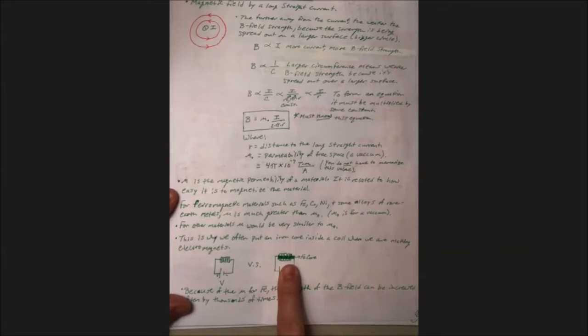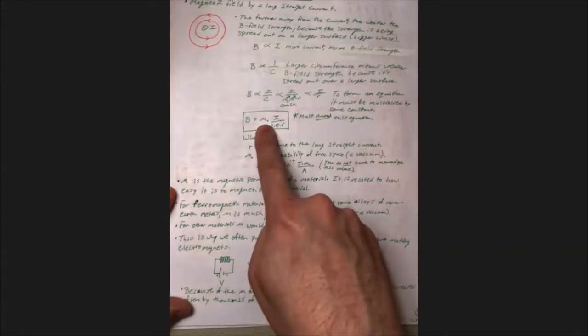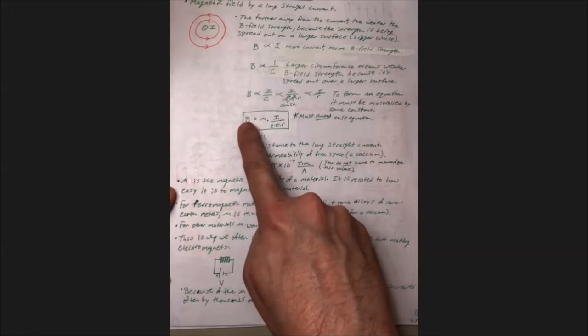This is why when we make electromagnets, maybe you made one in middle school, you always wrap a coil of wires around an iron core. Usually they have you wrap it around a nail or something like that. That's because ferromagnetic materials like iron can have a very large permeability. That means that this number right here would increase. And if this number gets bigger, then this number here is multiplied by that factor, whatever it is.